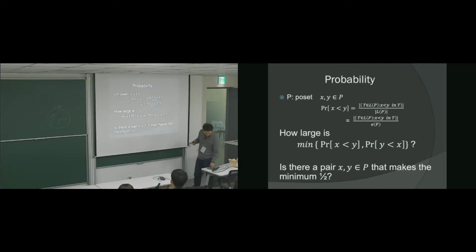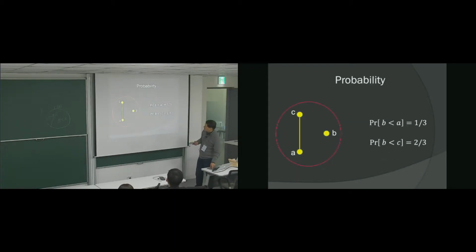You cannot, in general. Sometimes, if you are lucky, you can, but not always. Because here the number of linear extensions is only 3, we cannot get 1/2 at all. So all the numbers are 0, 1/3, 2/3, and 1.